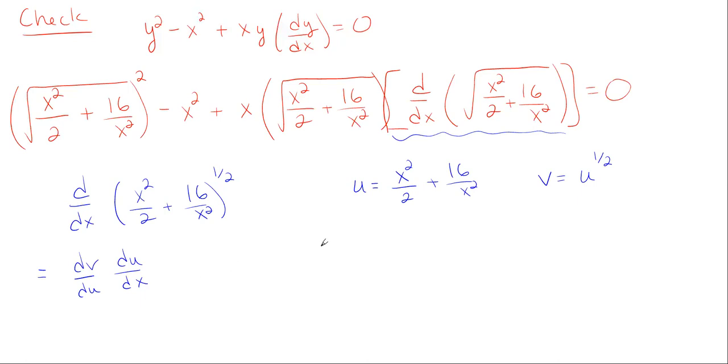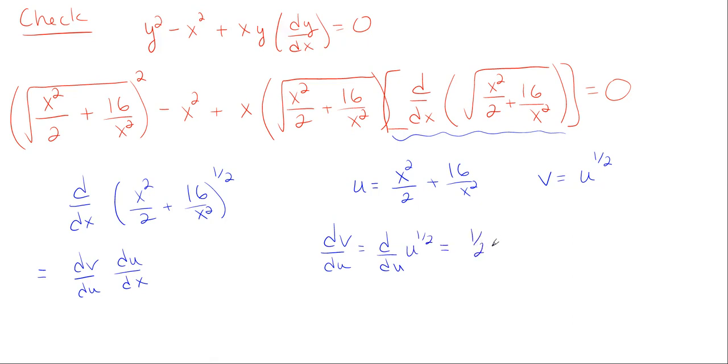So we have to find two other derivatives here: the derivative of my u equation with respect to x and the derivative of my v equation with respect to u. Let's focus on the easiest one first, and that would just be dv/du. So dv/du would just be d/du of u to the 1/2 power, which is pretty simplistic.